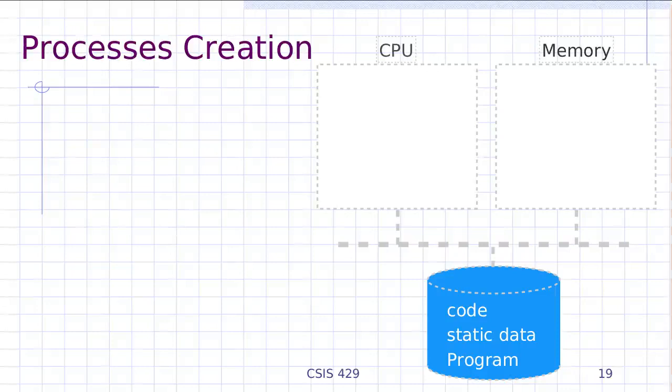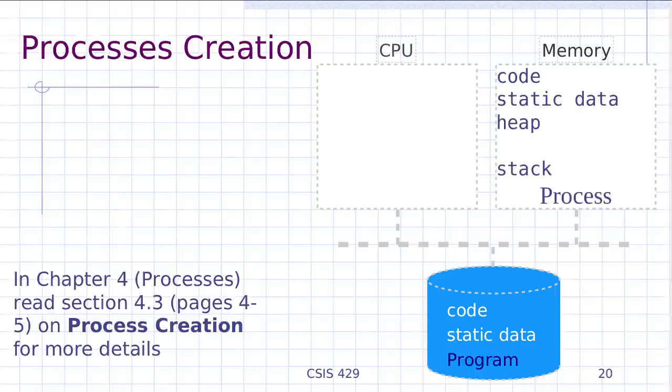So when you create a process, what you're doing is putting this into memory and starting to run instructions one after another. So we have a code segment of memory, we have some static data maybe, like, we don't have any in this one simple program, but often you have strings and things like that that you store in your program. Those are considered static data. We have the heap and the stack as well.